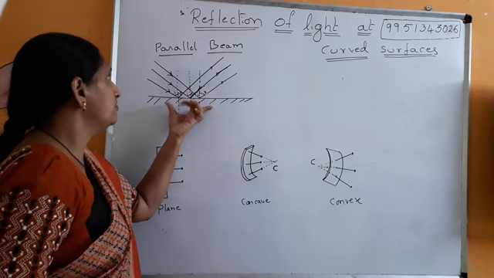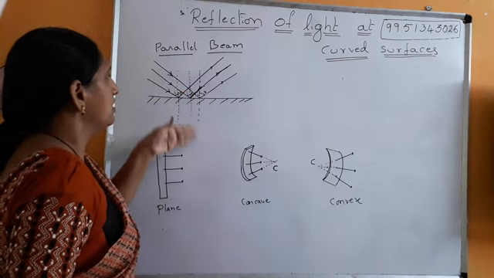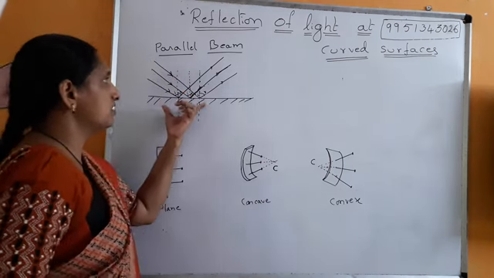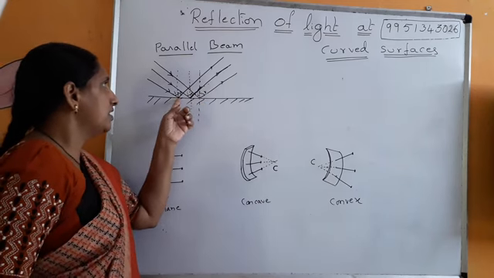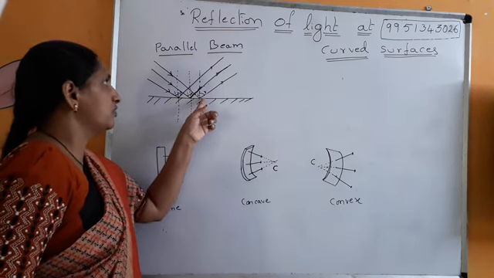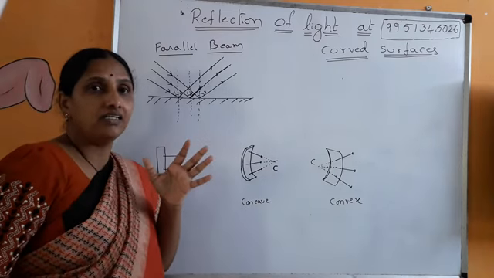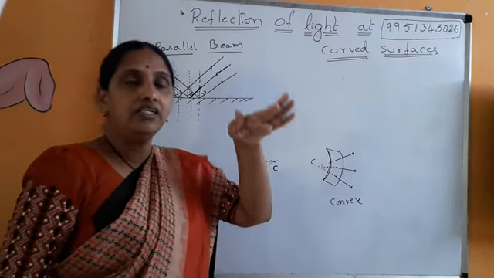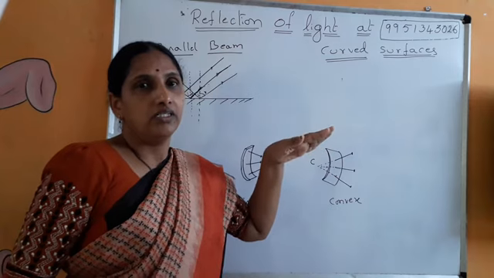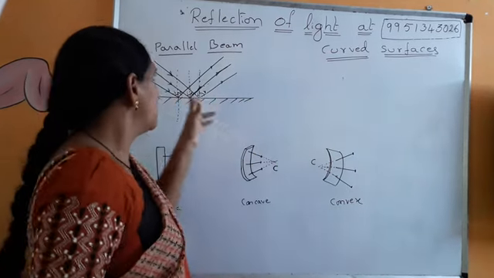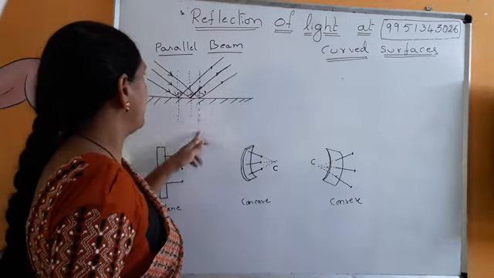So wherever the light ray is incident on the surface, you need to imagine a normal everywhere. We must understand that there are infinite normals. For a plane surface, the normals are parallel to each other.